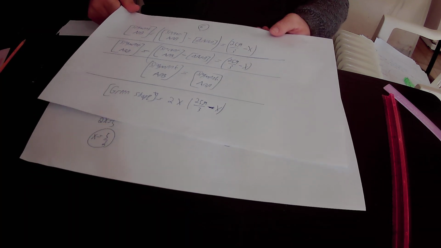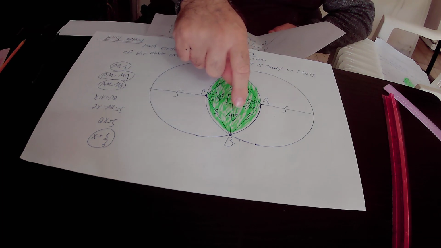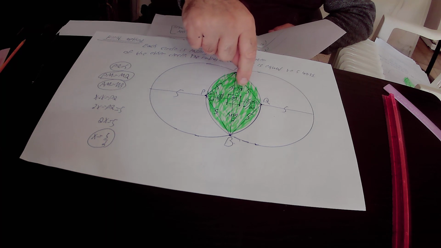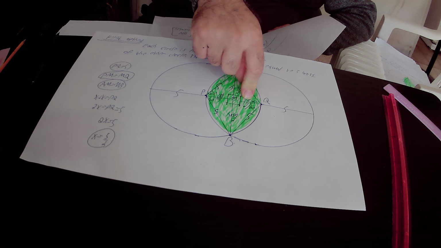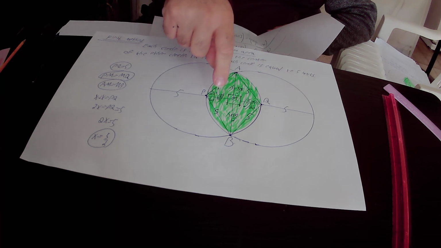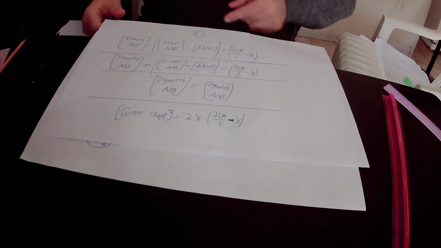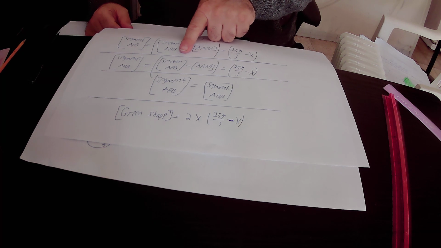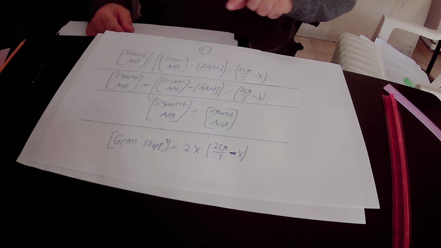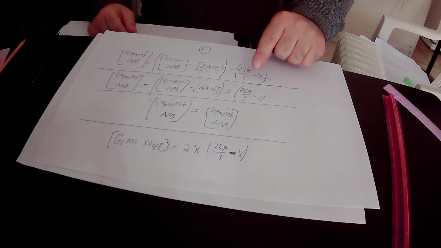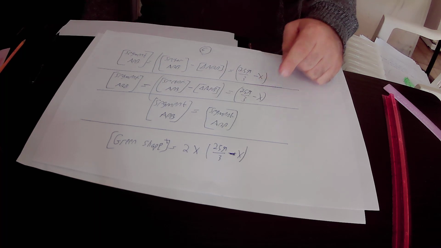Then we calculated the area of segment AQB, this segment that is similar to a semicircle but is not a semicircle. The area of segment AQB will be equal to the area of sector APB minus the area of triangle APB. We already found out that the area of sector APB equals 25 pi over 3, and the area of triangle APB equals x according to our definition.